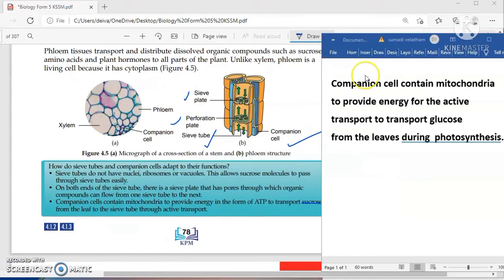When we see the companion cell here, it contains a lot of mitochondria to provide energy for the active transport to transport glucose from the leaves during photosynthesis. That is the function of the companion cells here.